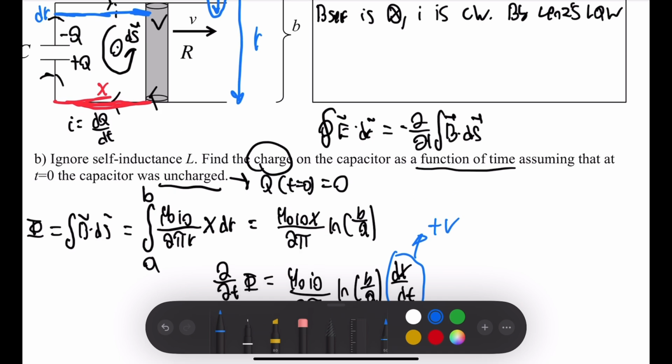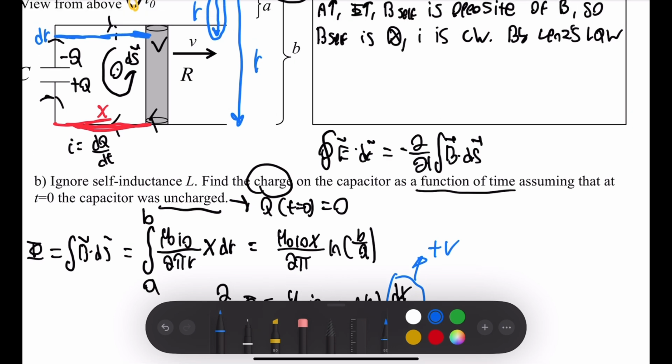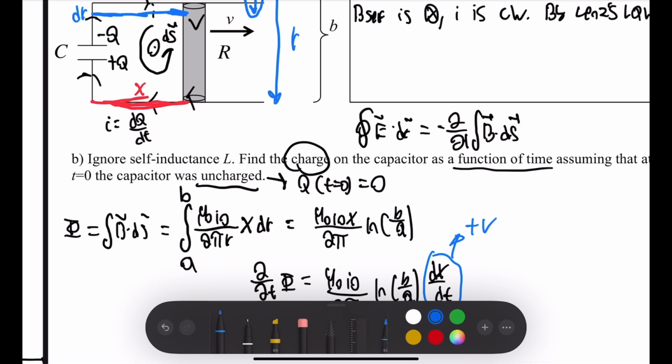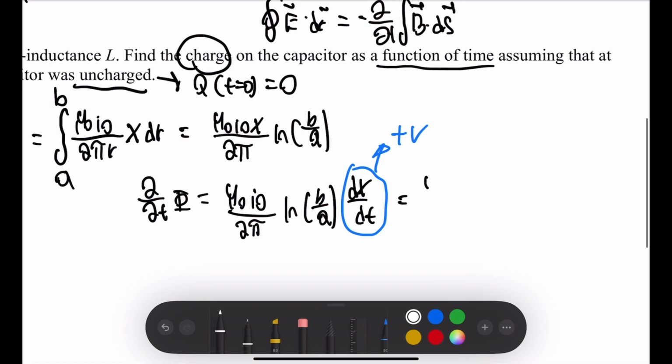So positive v. If the velocity was going to the left, then it would be negative because it's getting smaller. So just rewrite it: mu naught I naught over 2 pi v ln of b over a.